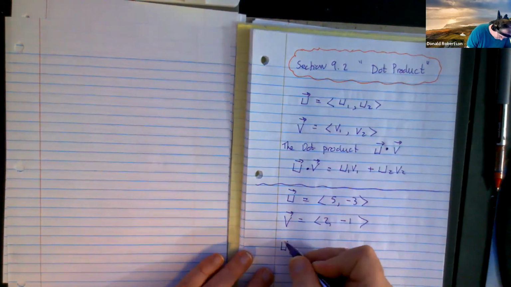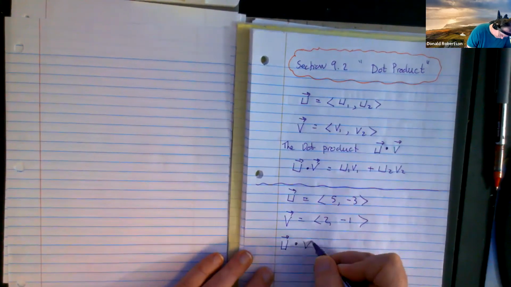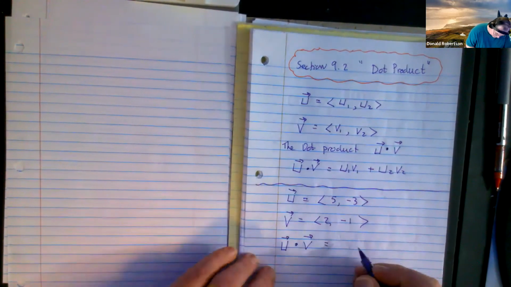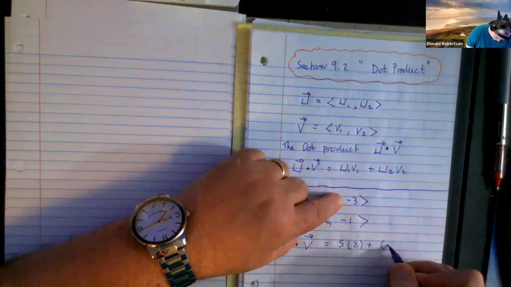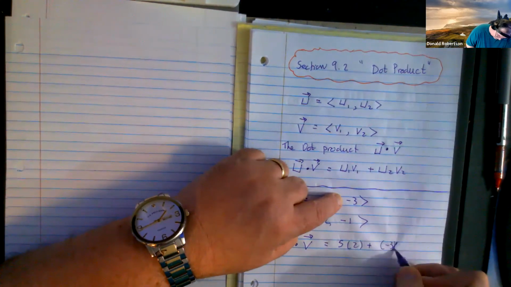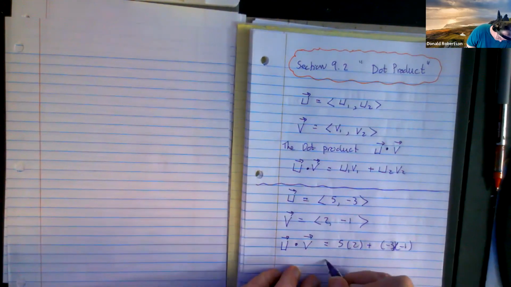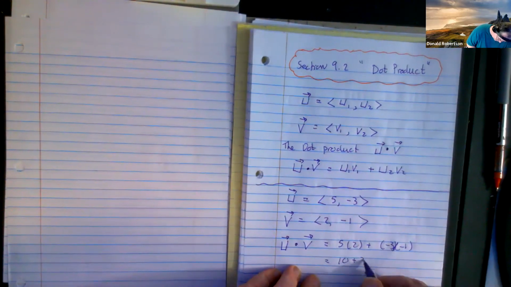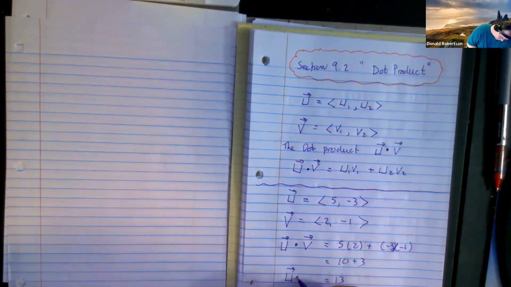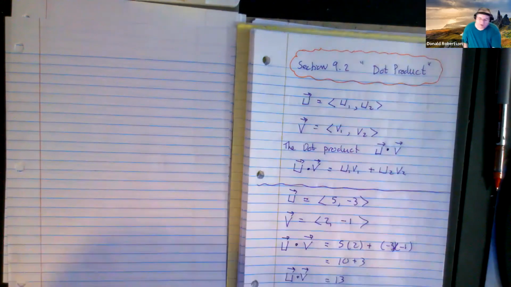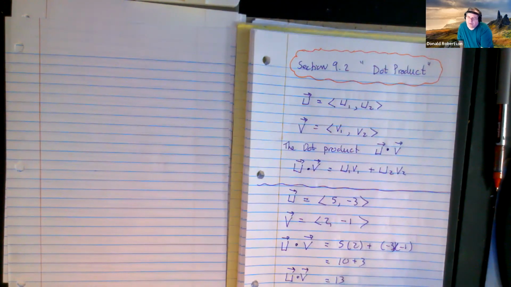If you were asked to find the dot product of u and v, it would be 5 times 2 plus -3 times -1. And it would be 10 add 3, and the dot product in this case would be the number 13.